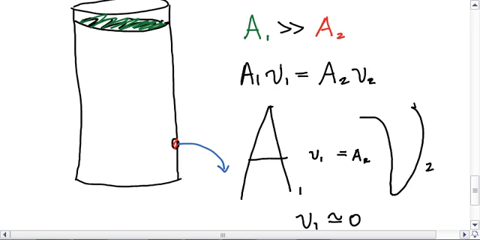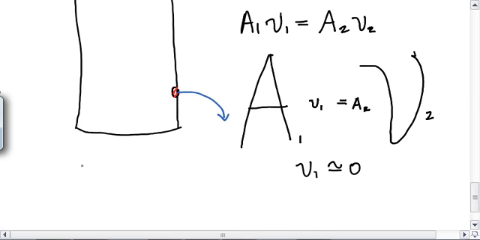So, is the pressure of the atmosphere at the top of the column significantly different than the pressure on either of the little openings on this pipe? No. Because we're talking about something that's not the height of a skyscraper, the pressure at the top of the column, P1, is approximately equal to P2.